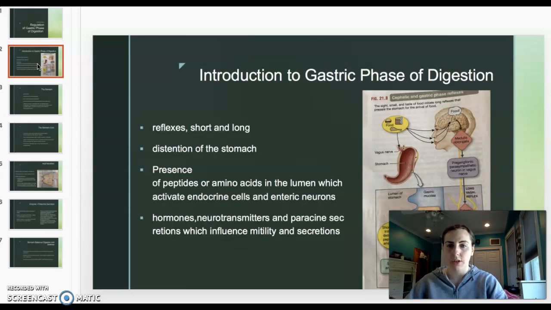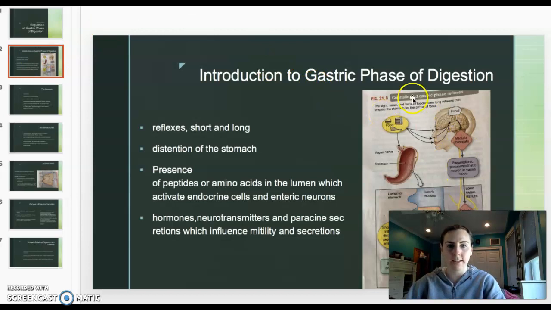The contractions and reflexes have the presence of peptides or amino acids in the lumen, which activate endocrine cells and enteric neurons. Also, there are hormones that are stimulated, neurotransmitters, and paracrine secretions, which influence motility and secretions in the digestive system.